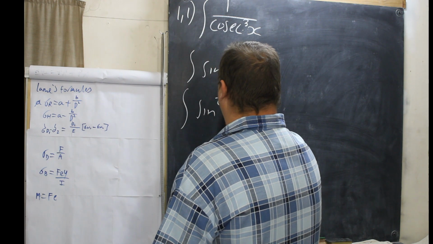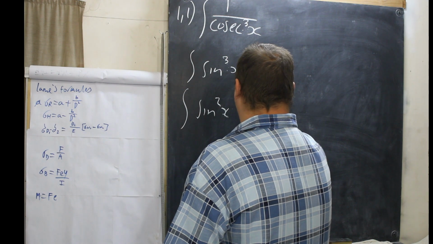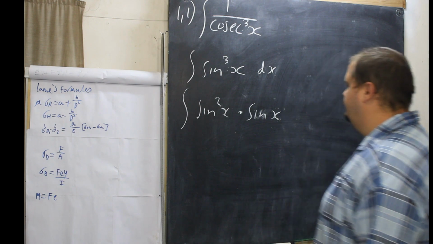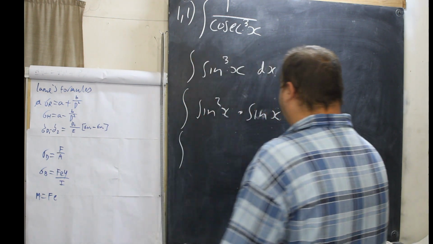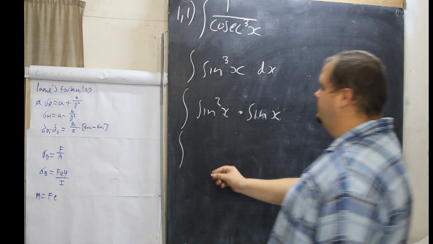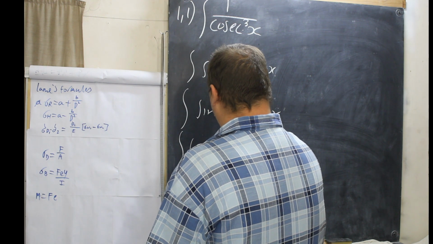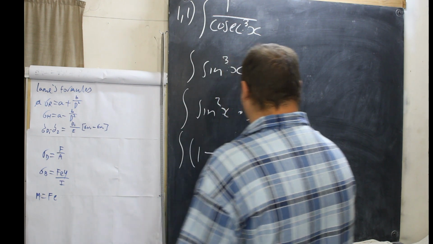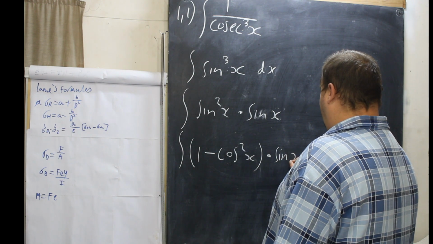Sine squared x times sine x. Now we take this one's identity. The identity of that is 1 minus cos squared x times sine x.